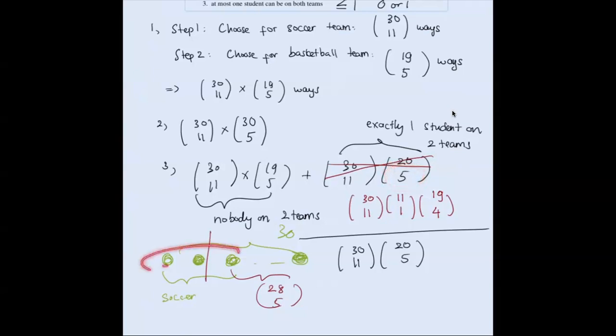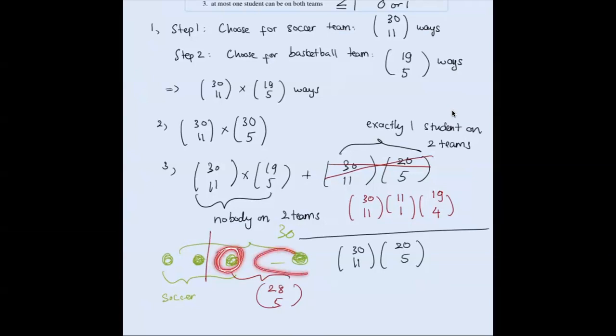Just like this. First, you pick 3 people for the soccer team, and then you return 1 back, and you pick 5 people out of those 28 to be in basketball, right? However, if you take 5 people from these 28, there is no guarantee that this one will be included in those 5.